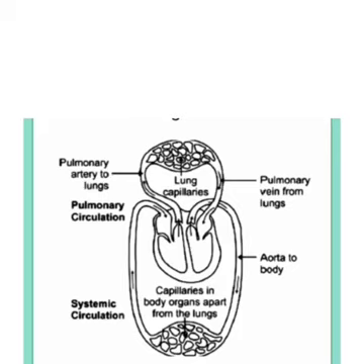Vena cava from body collects deoxygenated blood and brings to right atrium. From right atrium, this blood drains into right ventricle. From right ventricle, pulmonary artery carries this blood and supplied to lungs through capillaries for purification.